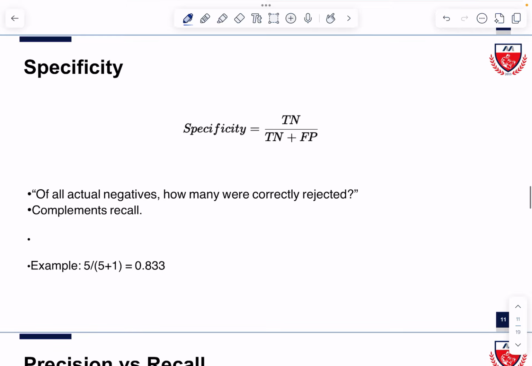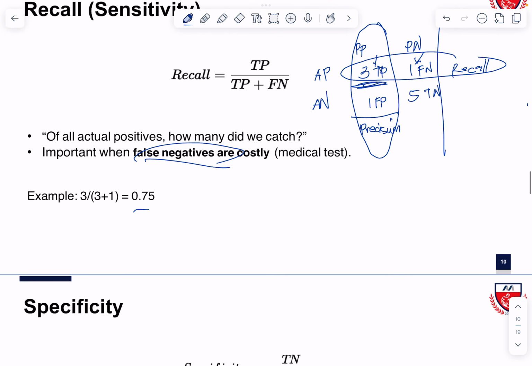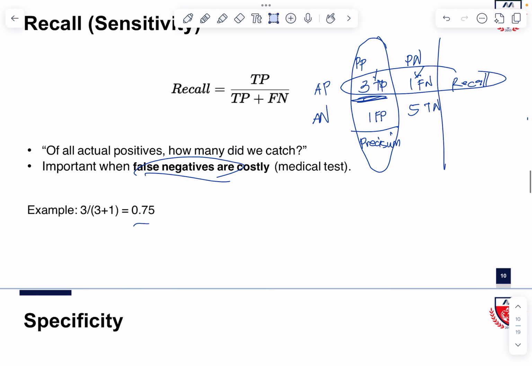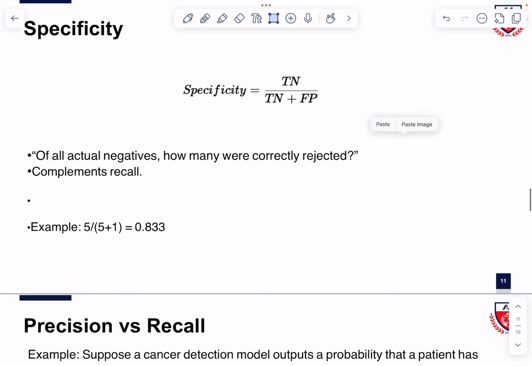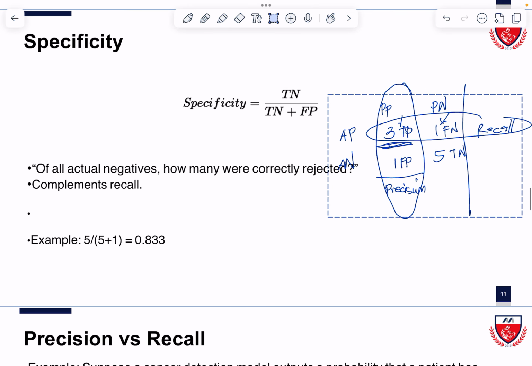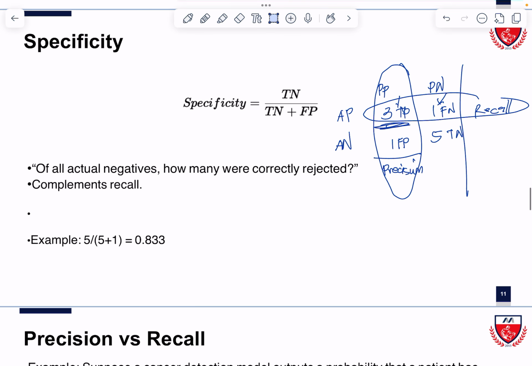Next would be the specificity. Specificity in our table. Let's copy this once again. All right. Specificity. So of all actual negatives, how many were correctly rejected? So we're going to talk about the true negative and the false positive.